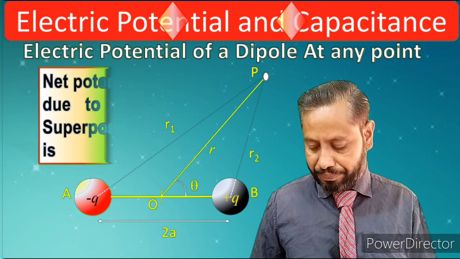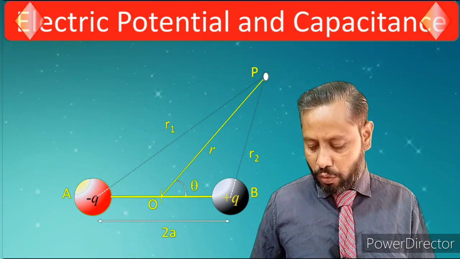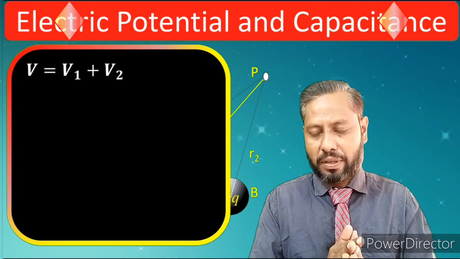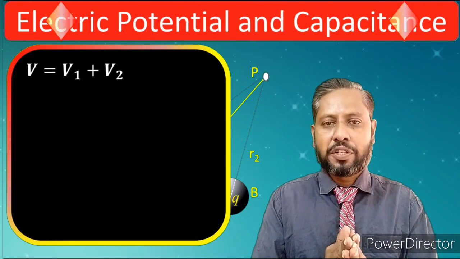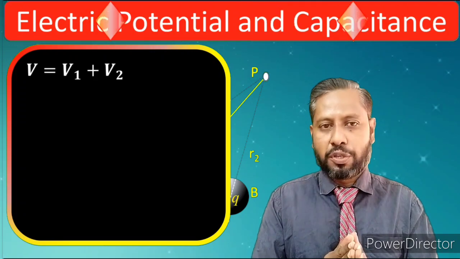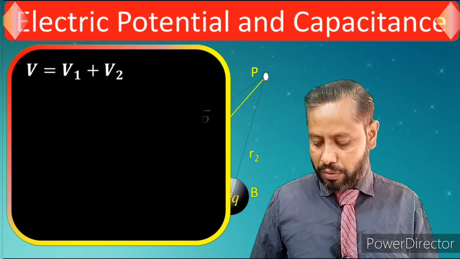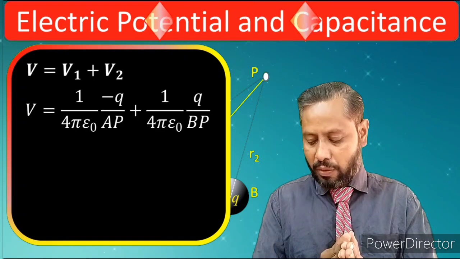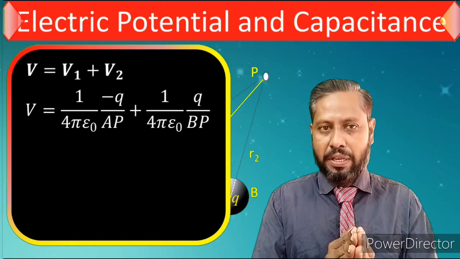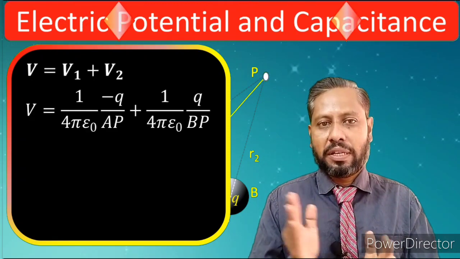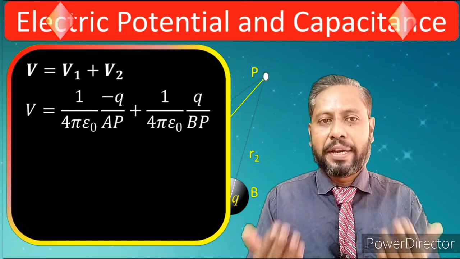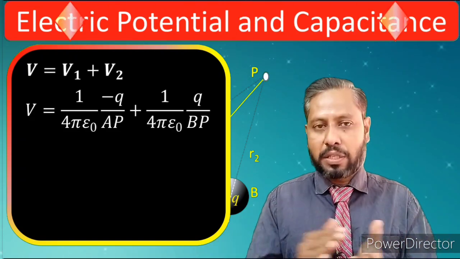We can write V is equal to V1 plus V2, where V1 is the potential due to the negative charge and V2 is the potential due to the positive charge. Just put the values now. We can write V1 is equal to 1 upon 4 pi epsilon 0 into minus q upon AP. A is the position of the negative charge, as we have already seen in the diagram, and this charge is negative, that's why we write minus q.